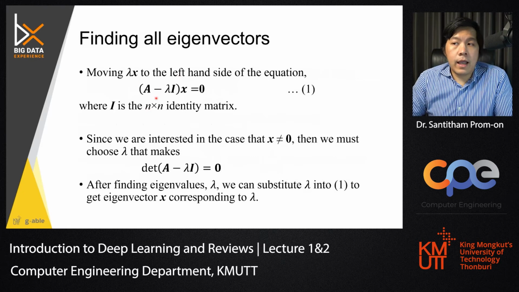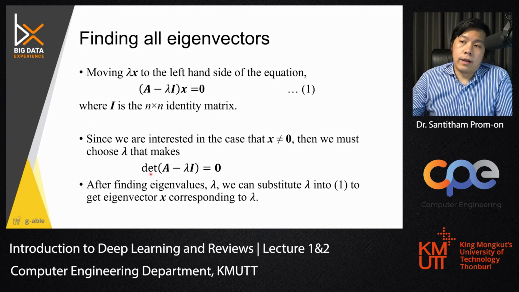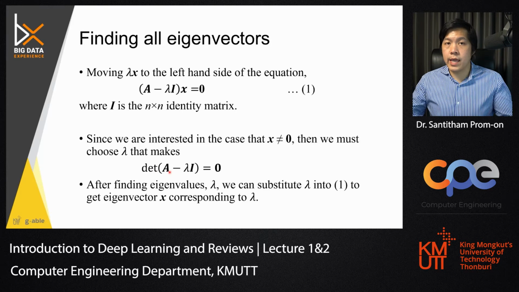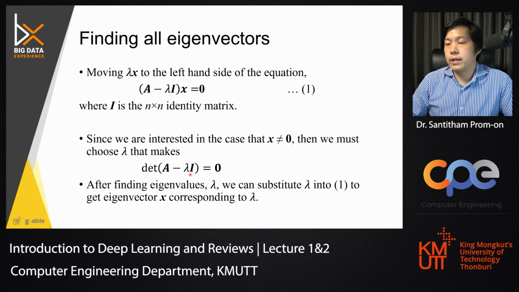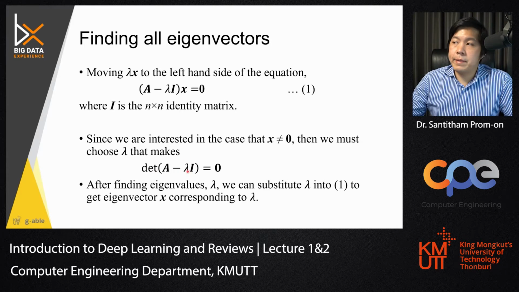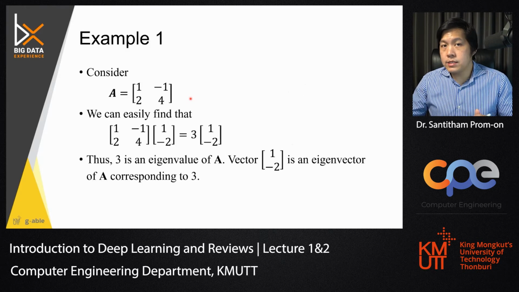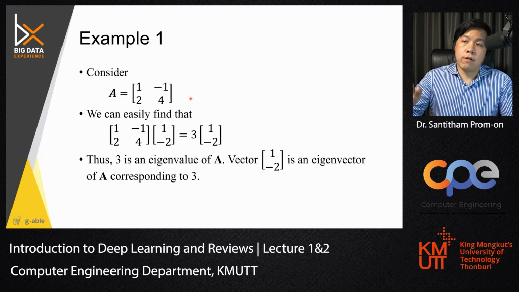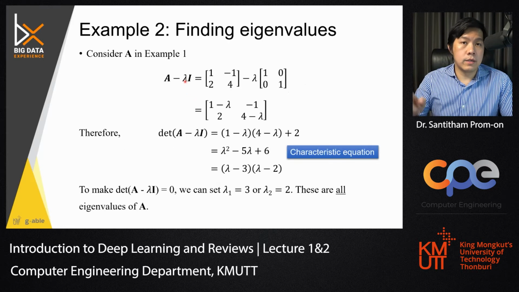For (A minus lambda I) x to become 0, this A minus lambda I has to have a determinant of 0, because it would need to scale x to 0, right? So we have the det of (A minus lambda I) equal to 0. And then by solving for the value of lambda, you get the eigenvalue. And by substituting lambda back, you get the eigenvector corresponding to that. Let's see if it works in our case for 1, minus 1, 2, and 4.